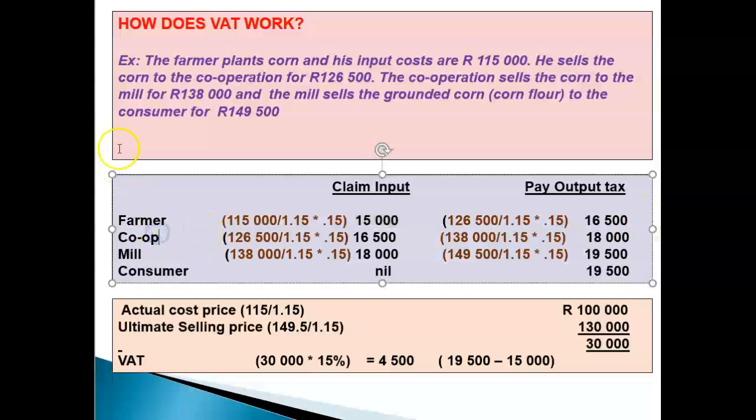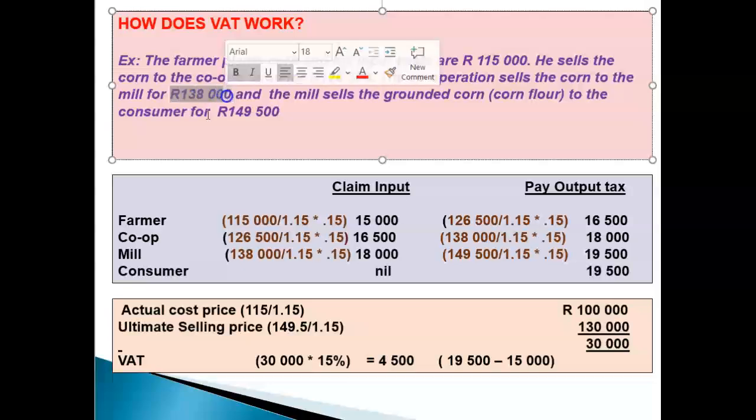Let's look at the co-op now. The purchase price of that corn for the co-op was 126,500. So how much was the VAT included in his costs? That was 16,500. He sold that corn to the mill for 138,000. So how much VAT was included in the selling price of 138,000?